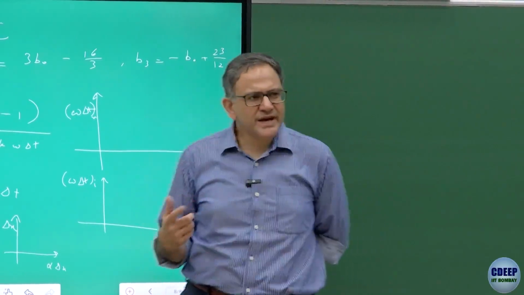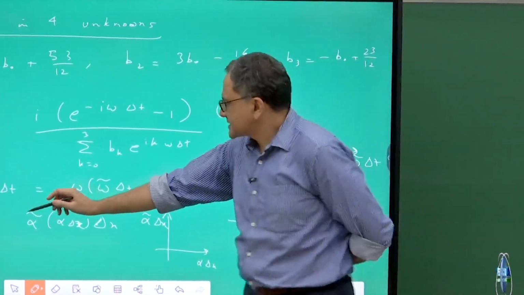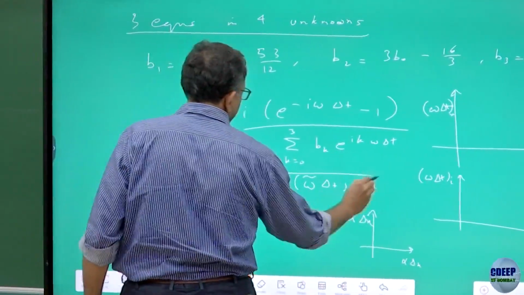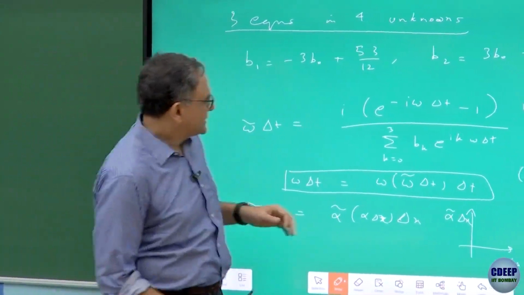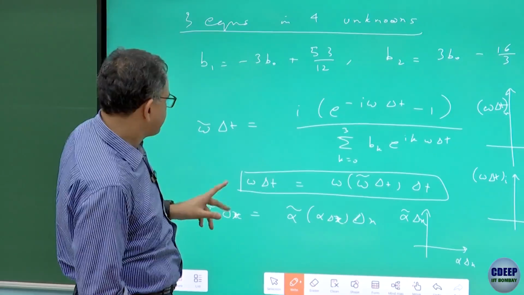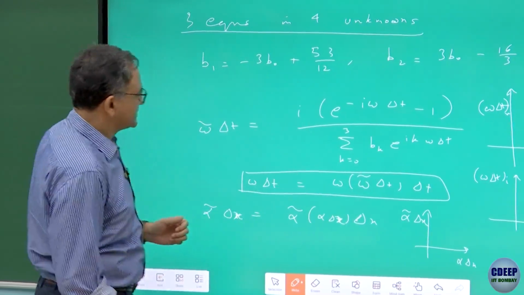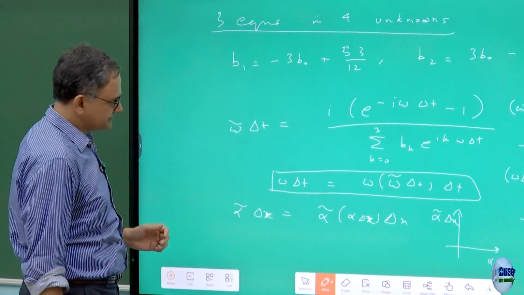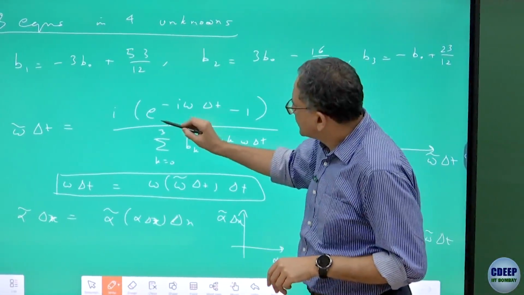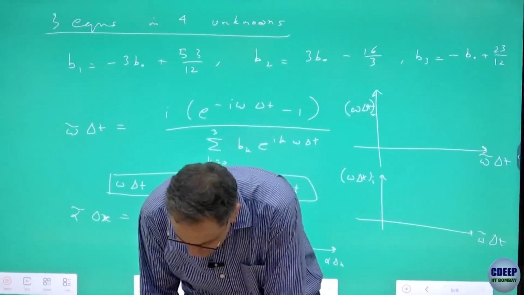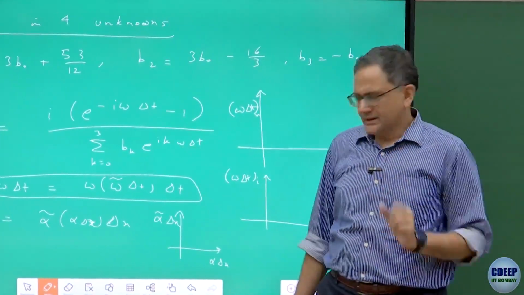So instead of me giving you the answer, I'll let you think about it. Okay. So if you go with this indeed as the way to look at it, then it turns out that omega delta t is the output of your analysis. And so we can then think of e to the power i omega delta t as a variable.